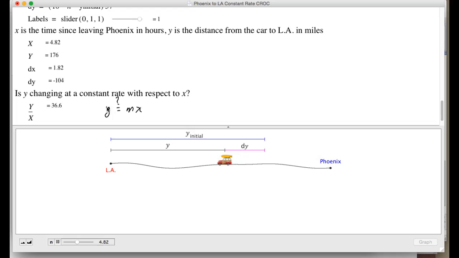Is there a constant m such that y equals mx? Yes or no? She says thumbs down. Yeah, no, right?